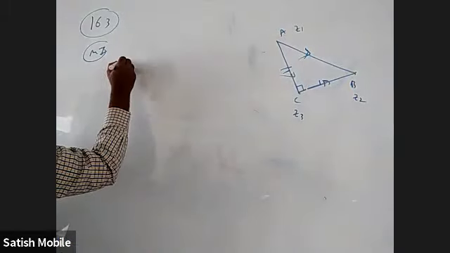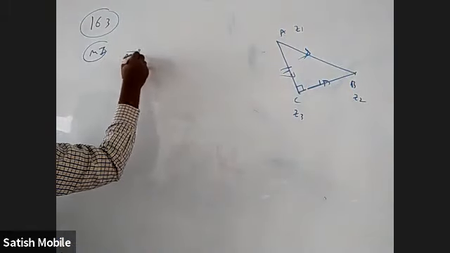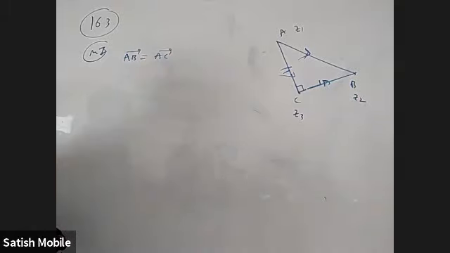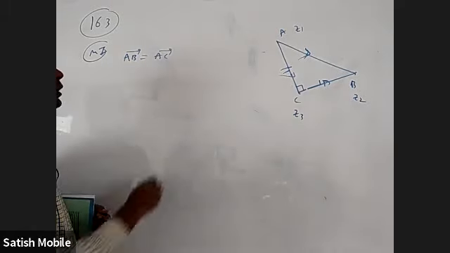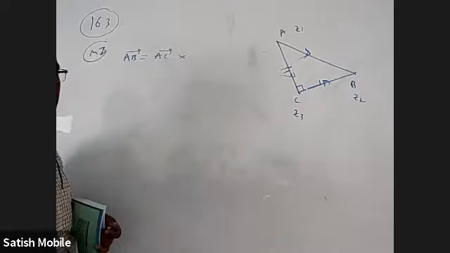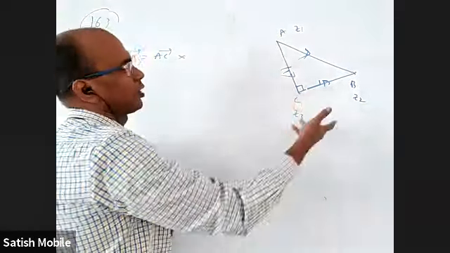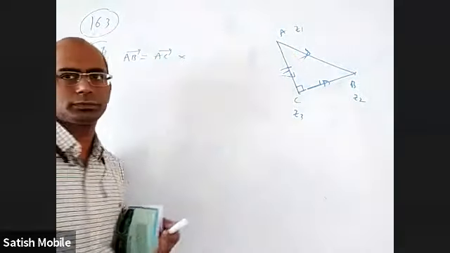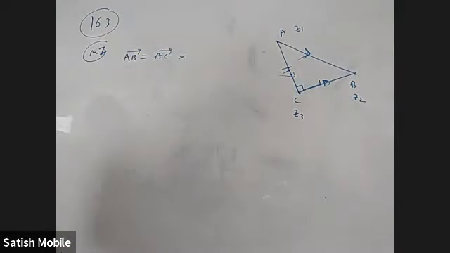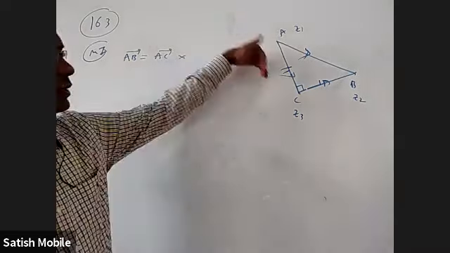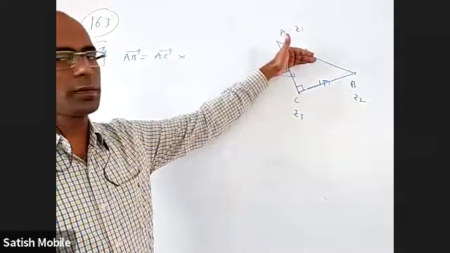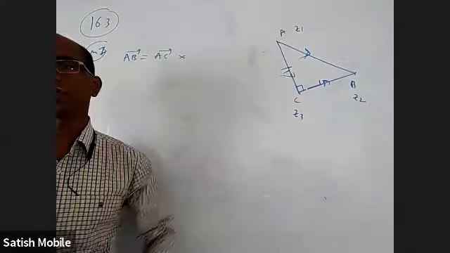I want to write AB bar in terms of AC bar. With what should I multiply? AC bar into what will give me AB bar? Take AC bar, you have to reach AB bar. For that, with what should you multiply?